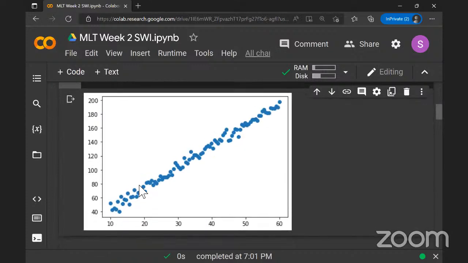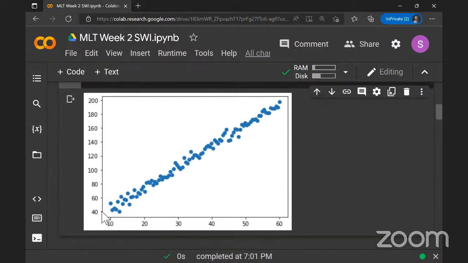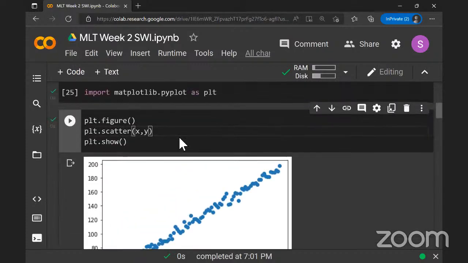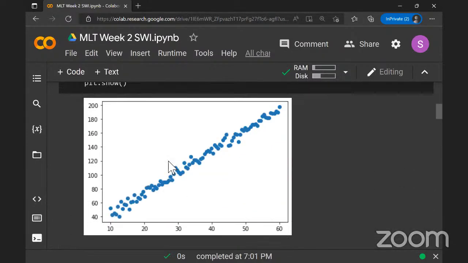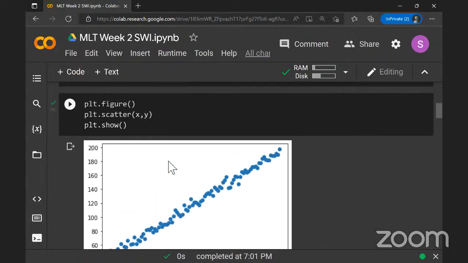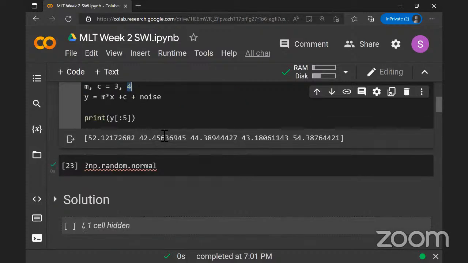See this one, this is the output we get. On the x-axis, you see the range is from 10 to 60. On the y-axis, the range is from around 40 to 200, coming out of this formula itself. You can see that 60 multiplied by 3 is 180, plus 4 is 184.